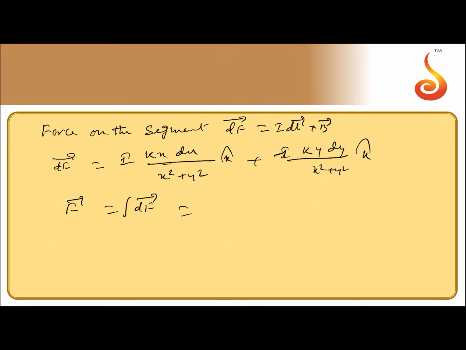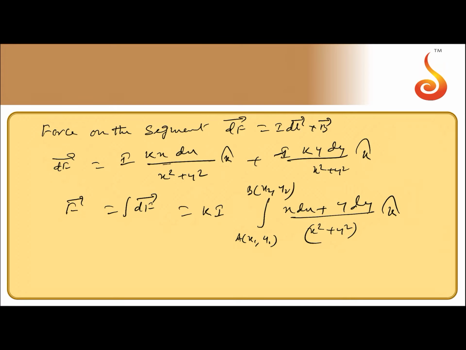So this will be equal to kI integral x dx plus y dy divided by x square plus y square k cap. This is A, that is coordinates x1 y1, this is B, x2 y2. So we have to integrate this.